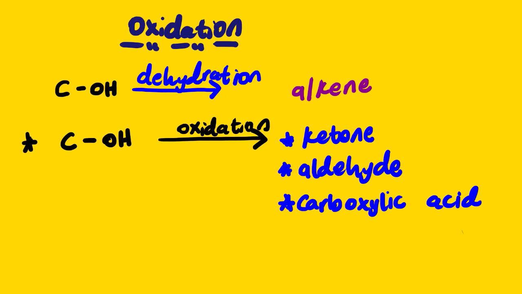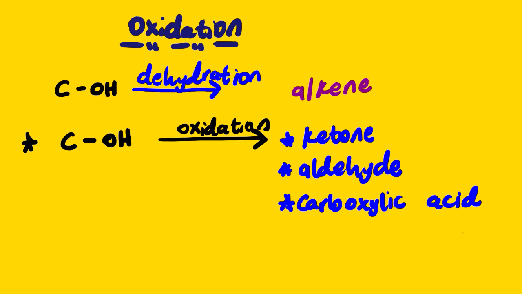So today we'll be looking at the basics of oxidation. Remember that the main challenge for students to master a certain concept is that if they don't have solid basics, it will be difficult to look at more challenging questions. So in this lesson video, we'll be looking at the introduction of oxidation.